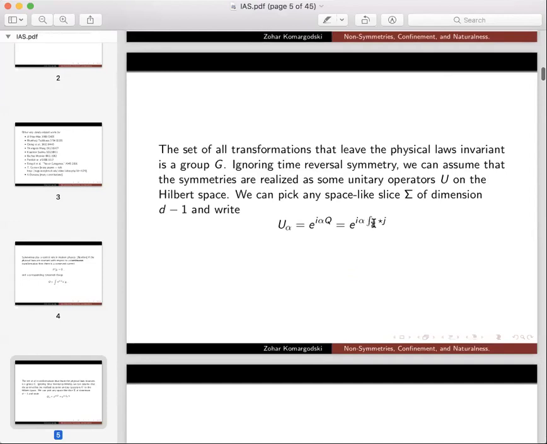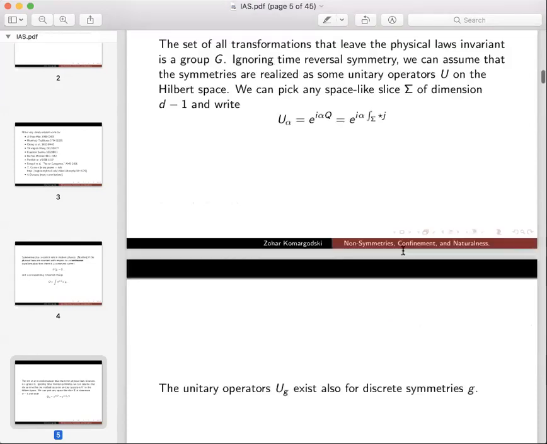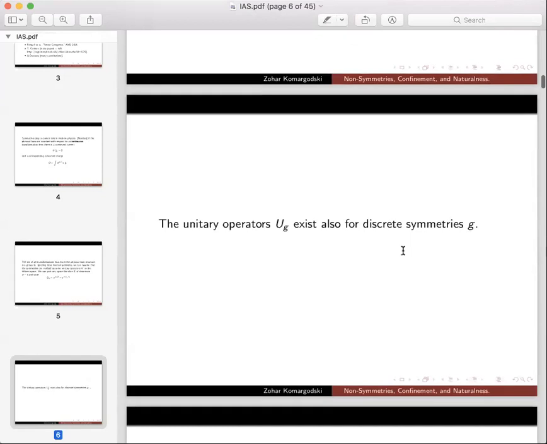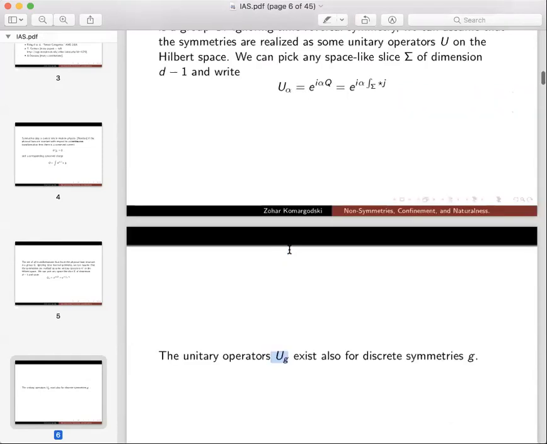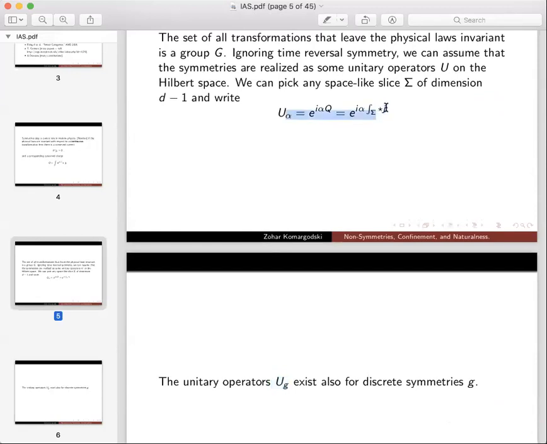And sigma is some space-like slice, which, as I said, doesn't make a big difference because the unitary doesn't depend on it for small deformations. Now, this cannot be done as explicitly for discrete symmetries, but for discrete symmetries, it is still true that there is a unitary that acts on the Hilbert space, though we usually cannot write a very explicit expression in terms of the fundamental fields, but it still exists.